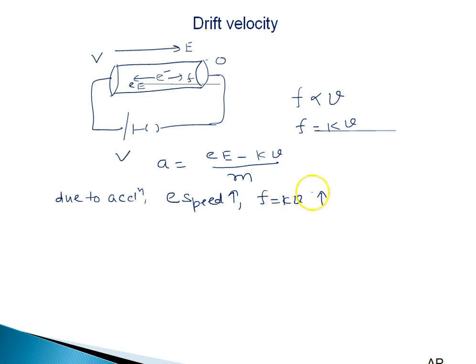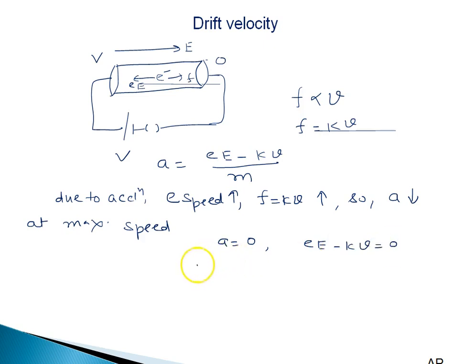Then the acceleration is decreasing, and at some maximum speed there is a possibility that the acceleration is 0. When the acceleration is 0, eE minus kv equals 0, so v is written as eE upon k, and this is constant.